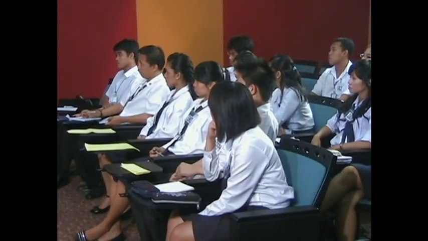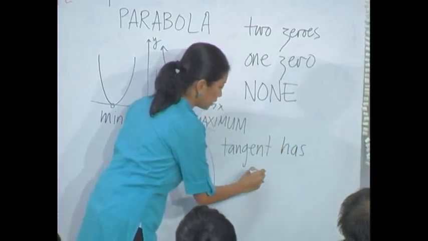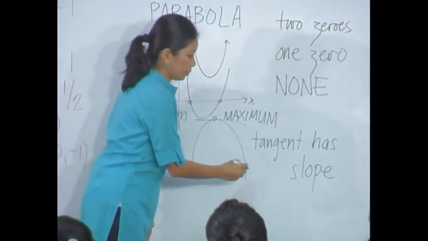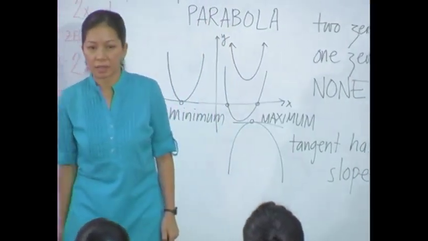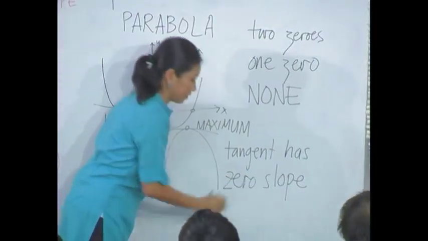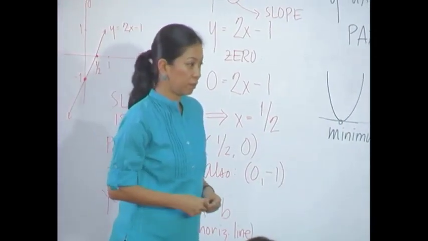The tangent has what slope? Our word for the day? 0. The tangent is horizontal, so the tangent has 0 slope. Okay?